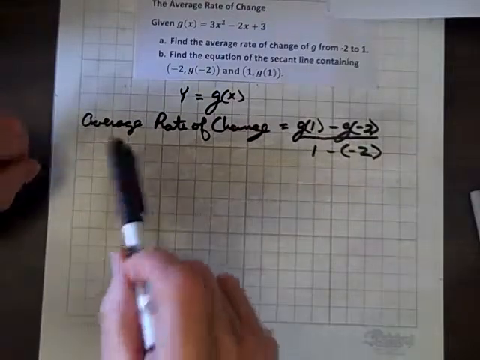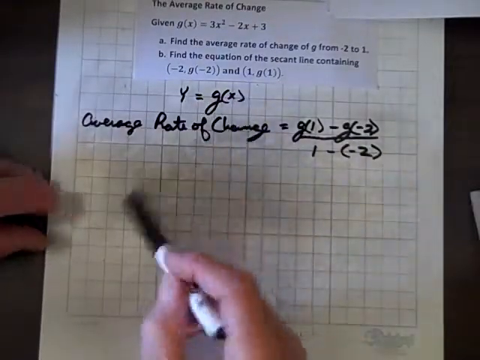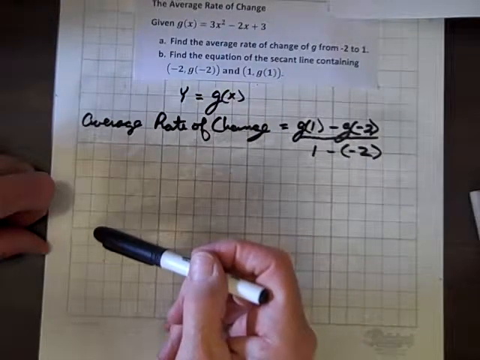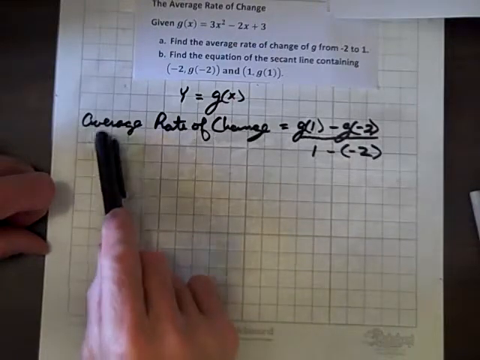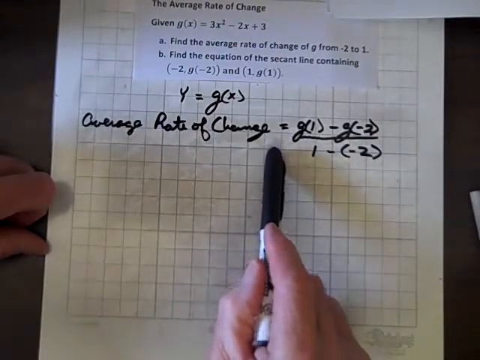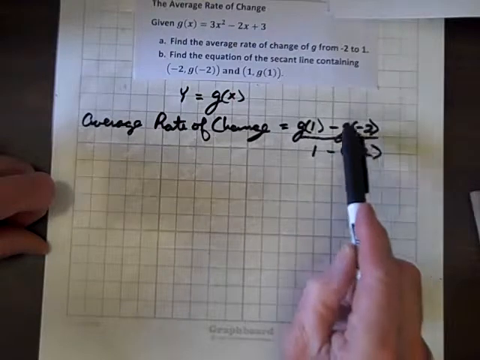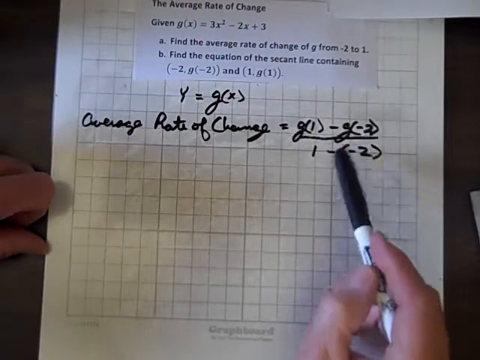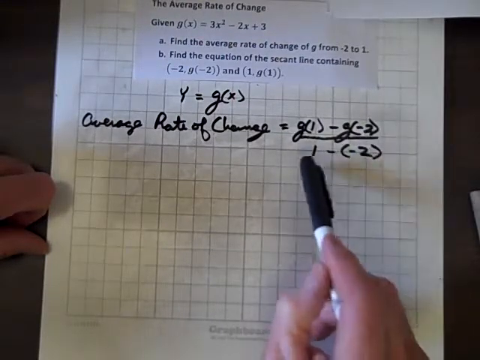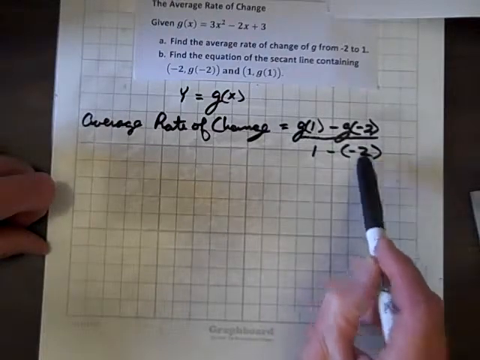Well, I also must point out that y equals g of x. And as we said, the average rate of change in this case equals g of 1 minus g of negative 2 all over 1 minus a minus 2.